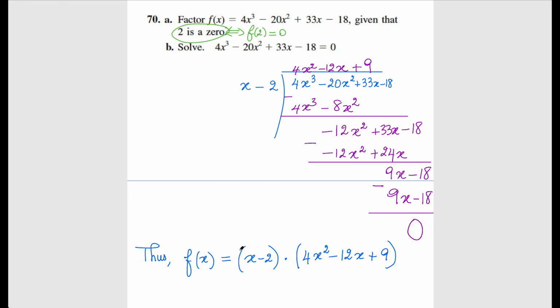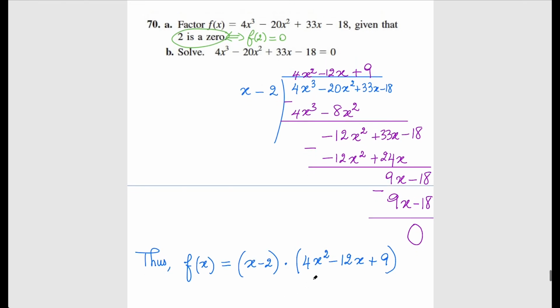I found one of the factors, x minus 2, and then I still need to factor this guy. This is a second degree polynomial. I still need to factor it into linear factors if possible, right? Let's do that.